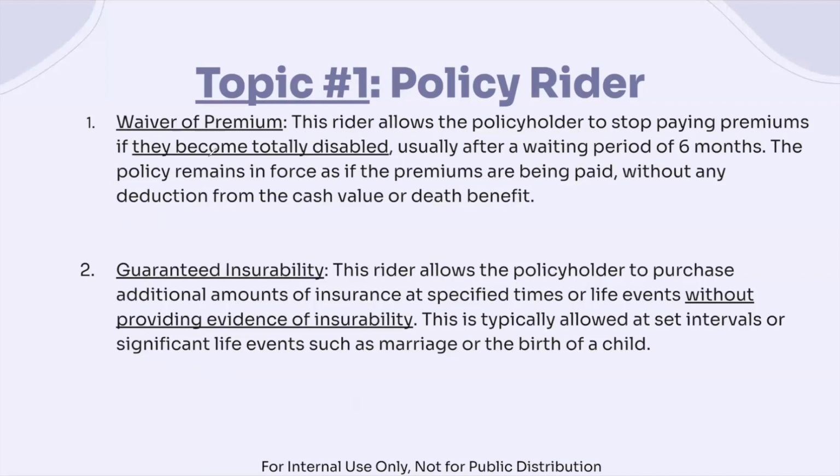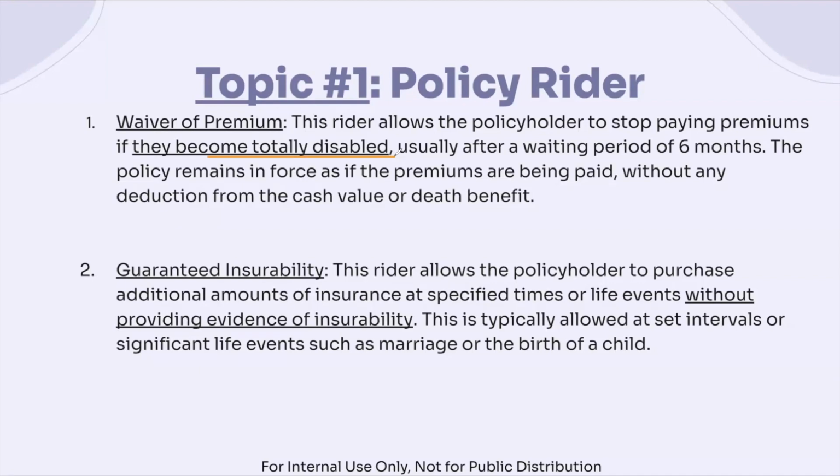Now, one condition, as I mentioned, is that they have to become totally disabled, and there's usually a waiting period as well. But when we think about waiver of premium, we want to relate that to full disability and a policy that still remains in force regardless.